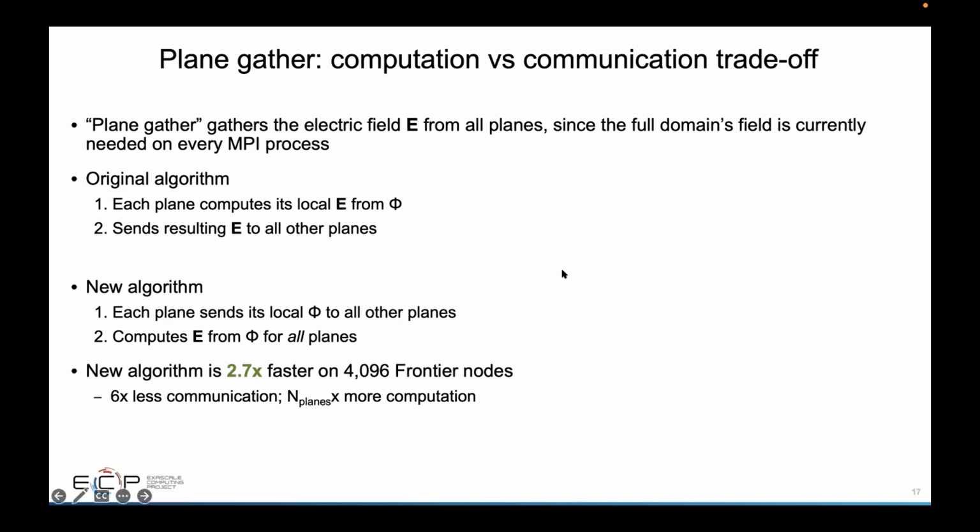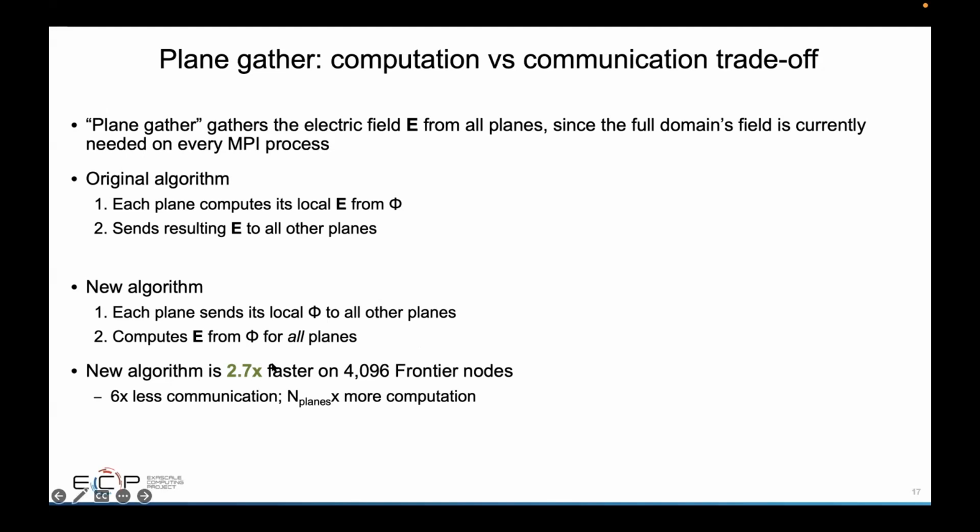So this plane gather algorithm: the original algorithm was that each plane computes its local electric field and then sends the results to all the other planes. The new algorithm is that you just send the electric potential, which is a lot less data, and then do that calculation repeatedly for all of the planes.